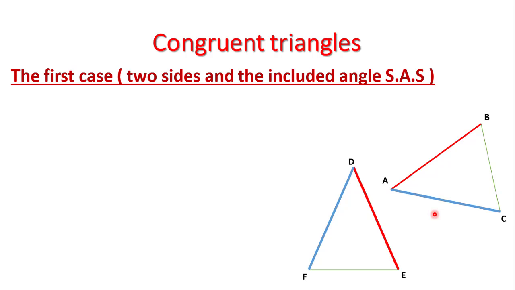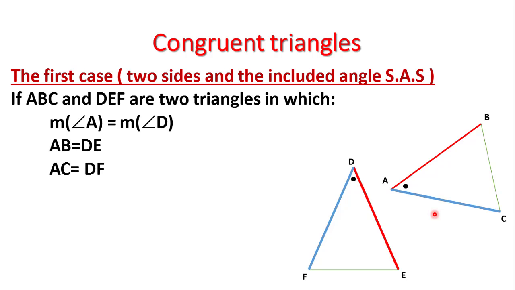So we have 2 corresponding sides equal in length. Also the measure of angle A equals the measure of angle D. So in this case the 2 triangles are congruent according to the first case.